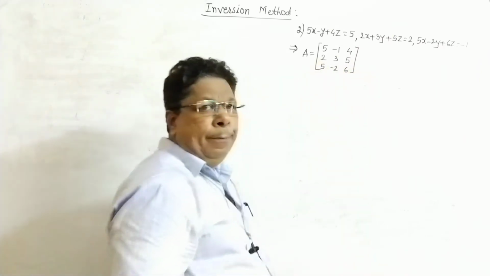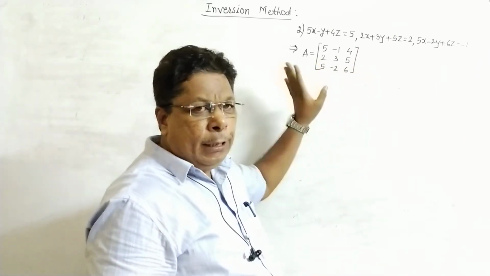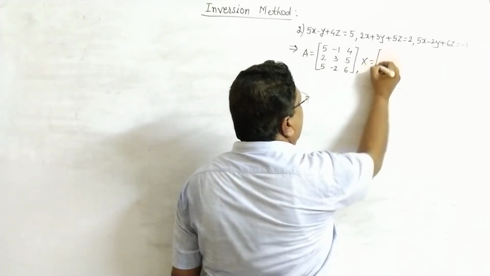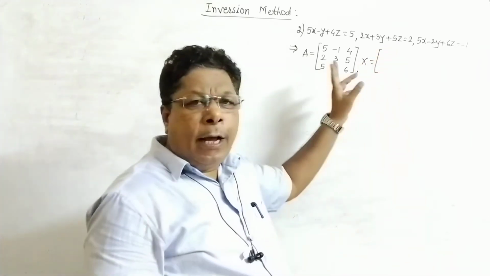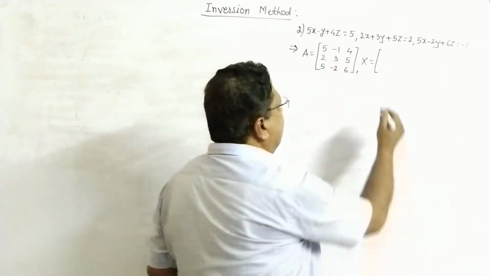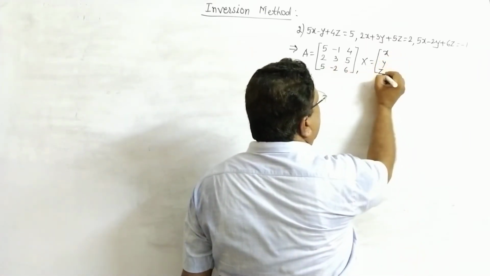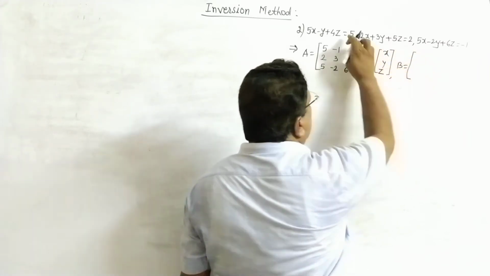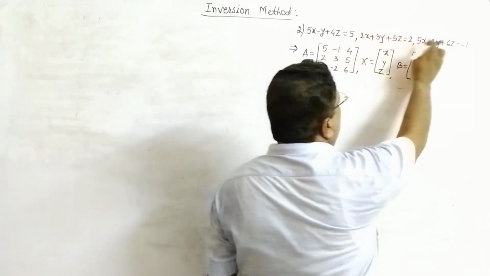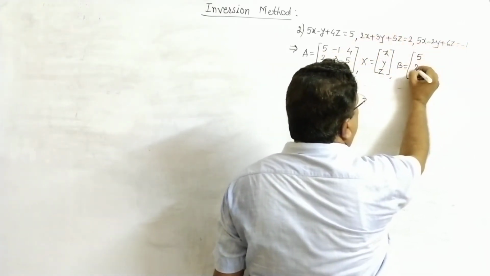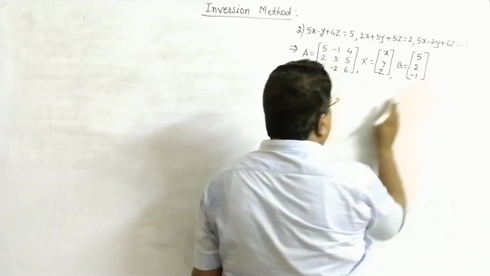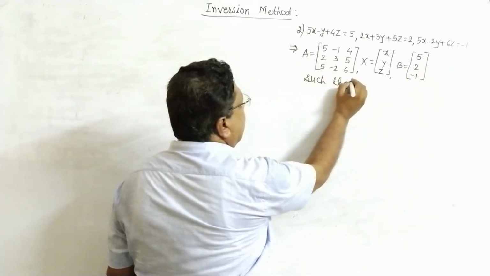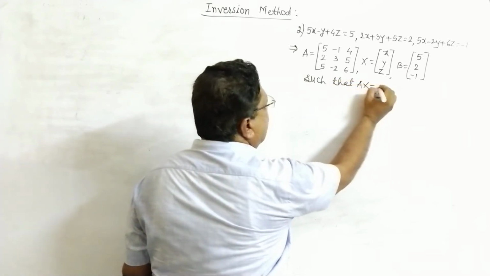This is matrix A, known as coefficient matrix. Now X, variable matrix. Variables are x, y, and z. Now B is constant matrix. Constant numbers are 5, 2, minus 1. Okay, by using the equation Ax equal to B.